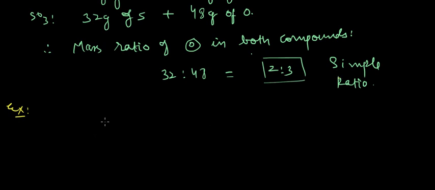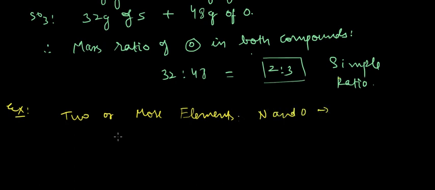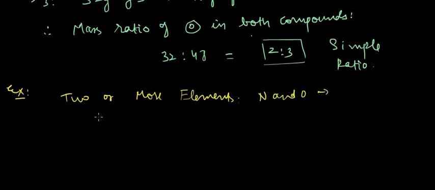Let's say two or more elements, suppose nitrogen and oxygen, combine to form some oxides like NO2, NO, N2O5, N2O, or we can also have N2O4.